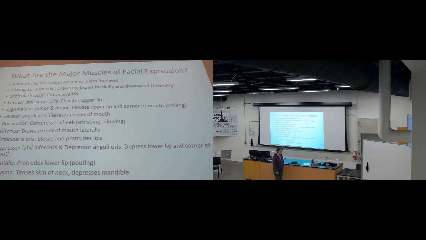So, specific muscles and their actions. So we have here in the frontal area, the frontalis muscle. The frontalis muscle is part of the fronto-occipitalis muscle.